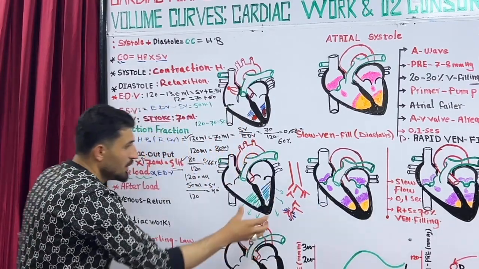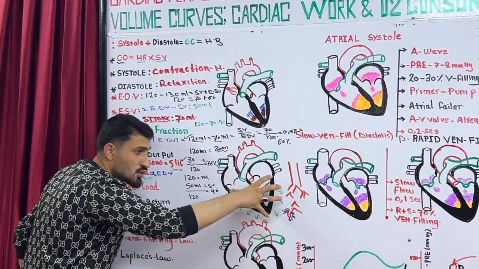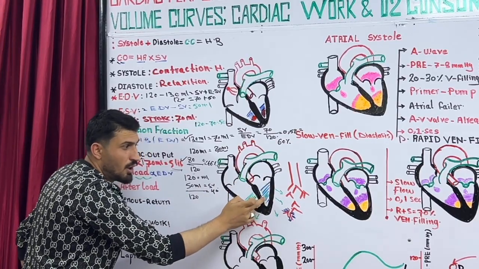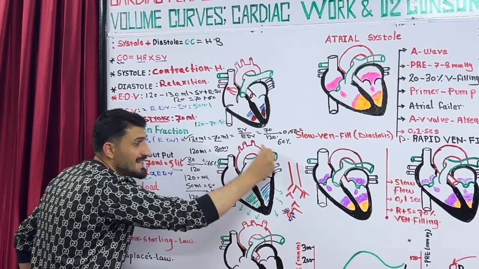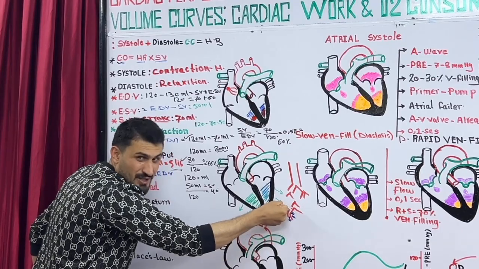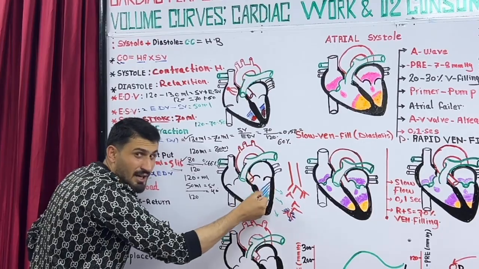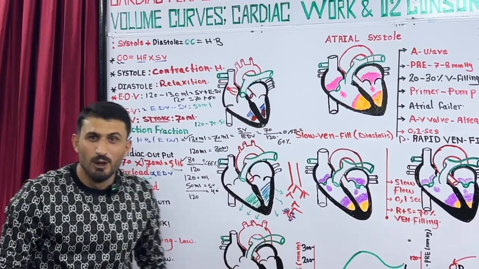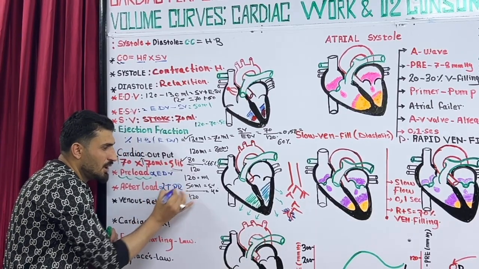Got it? So here, when you compress these arterioles, the heart needs to increase its pressure, so you put further load on this heart. So now during systole the heart pumps against this resistance, against these compressions, so this load which is put on the myocardium, on the heart, during systole, this is called afterload. So afterload is directly proportional to total peripheral resistance.